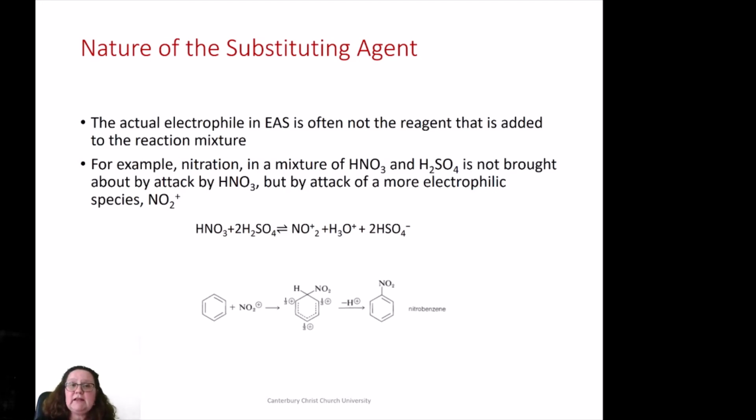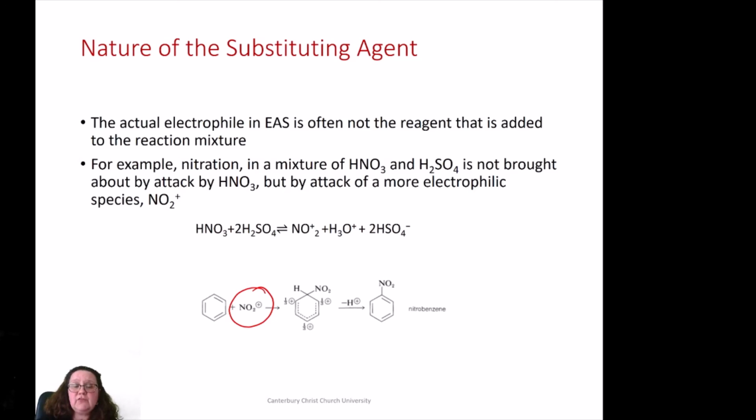And typically, the electrophile in an electrophilic aromatic substitution is not added straight away to the reaction mixture. It is usually generated in situ, where the reaction takes place. For example, to nitrate, to add a nitro group to a benzene ring, you do not add the nitro group as a reagent.